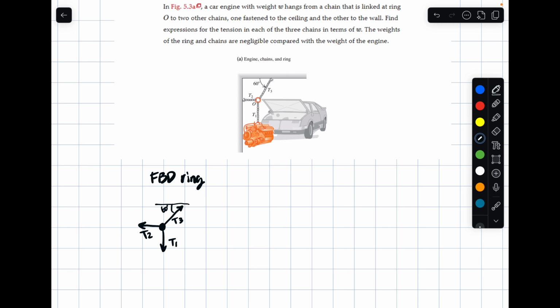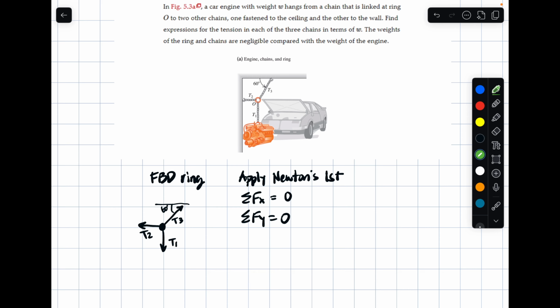Using this free body diagram of the ring, we can add up all the forces, and we know that the ring is not moving. So all the forces in the x and all the forces in the y should add up to 0. So let's do that carefully. Let's add up all the forces in the x first.